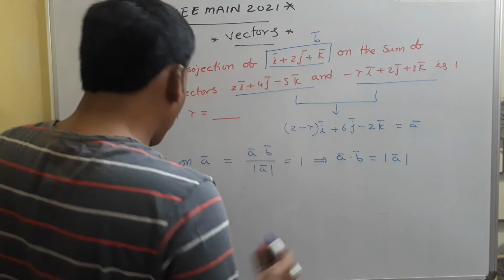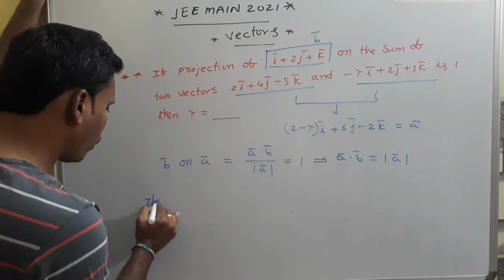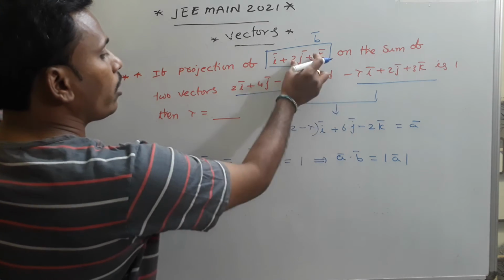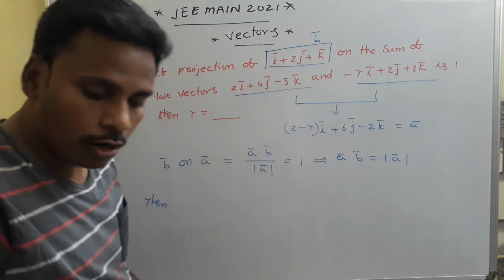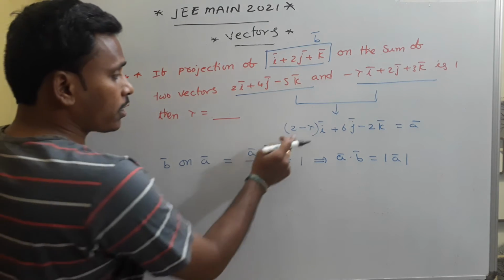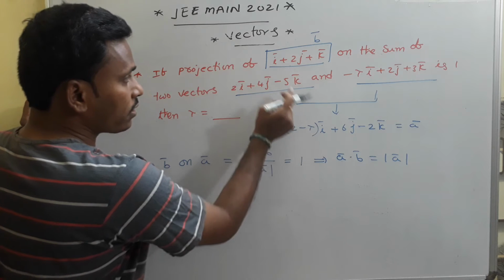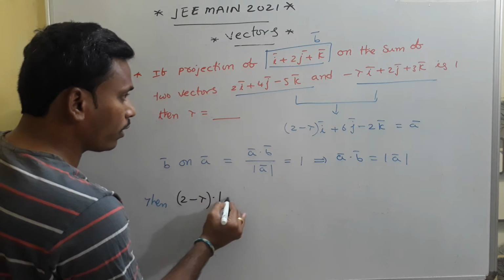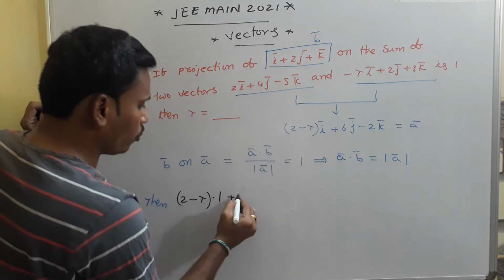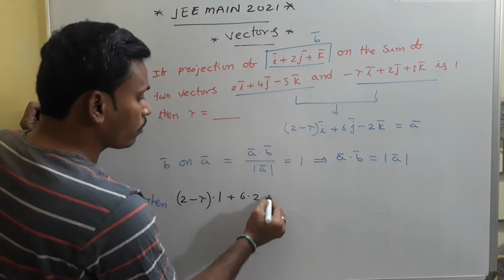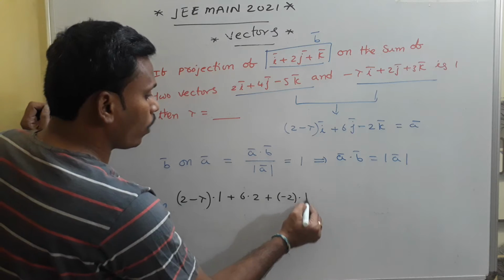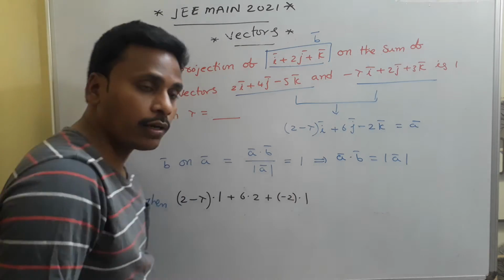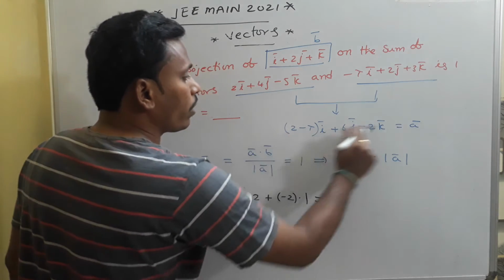Okay, so now write this. What is a bar dot b bar? We need to apply the dot product between these two. Dot product means the product of corresponding coefficients: 2 minus lambda into 1, plus 6 into 2, plus minus 2 into 1. So this is the dot product a bar dot b bar, and this equals modulus of a bar.